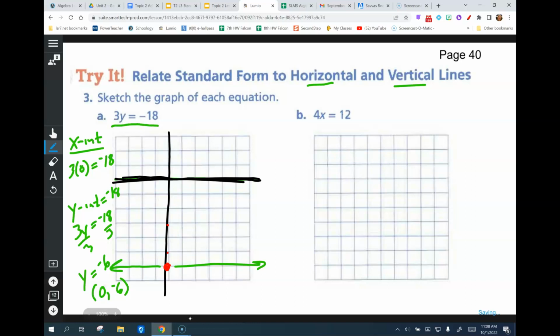If I have an equation with one variable, then my graph crosses that axis and only that axis.